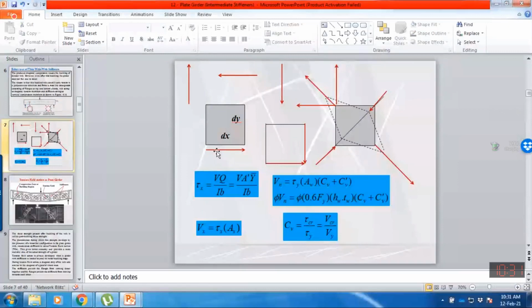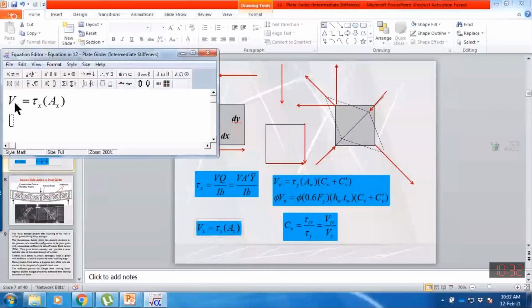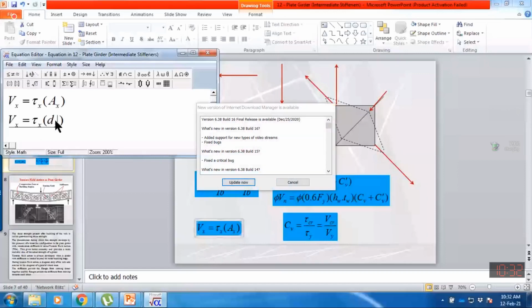This area will be equal to dx, and you can consider that the out-of-plane dimension is 1, just for your clarity, so I can say that this is equal to dx into 1. So you have this force as a Vx force.